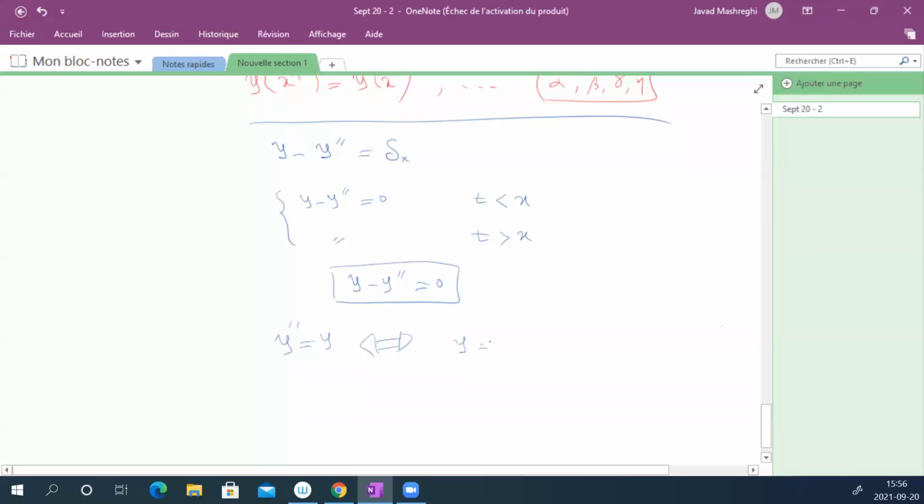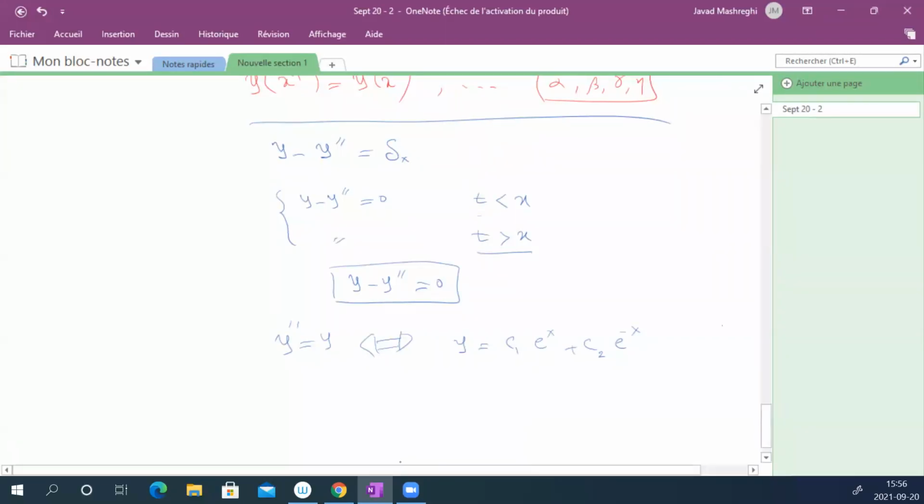It is true that e to the x and e to the minus x are solutions. So one can write c1 e to the x plus c2 e to the minus x. Perfectly fine. Absolutely no problem. So we can write c1, c2 for this case, and c3, c4 for this case, and go ahead and find the values of c1, c2, c3, and c4.